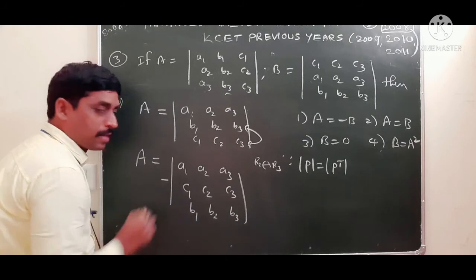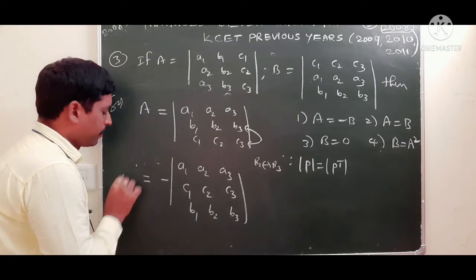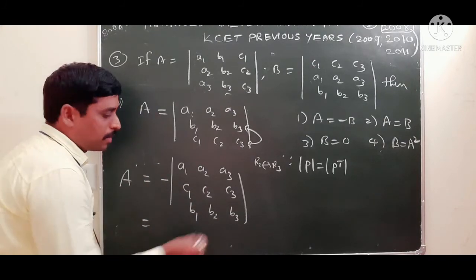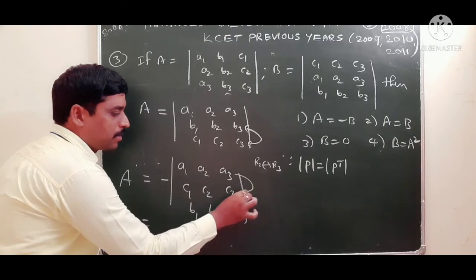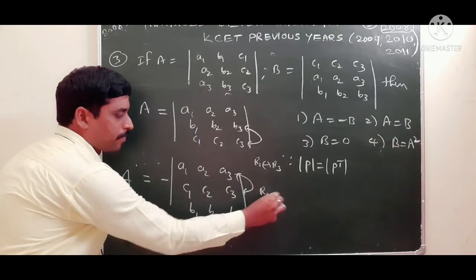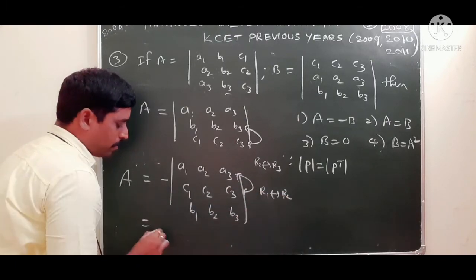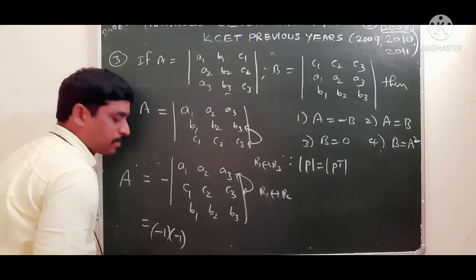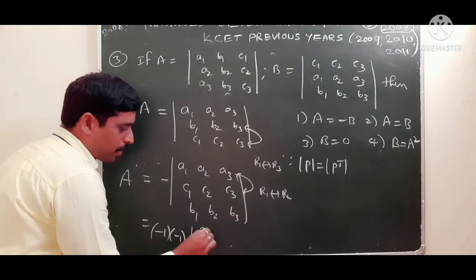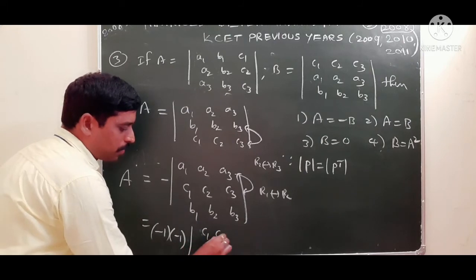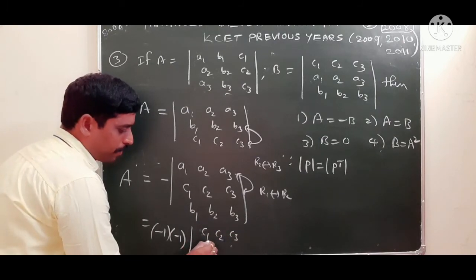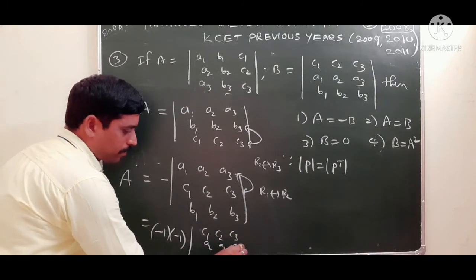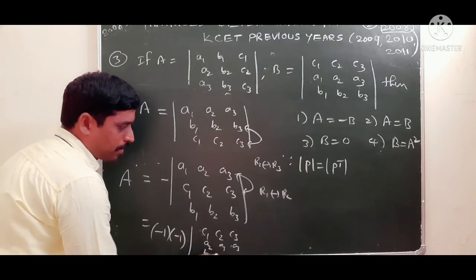The sign will be changed. That is the determinant property. Again interchange the first row and second row, so minus of minus 1, again the sign will be changed. C1, C2, C3, A1, A2, A3, B1, B2, B3, written as it is.